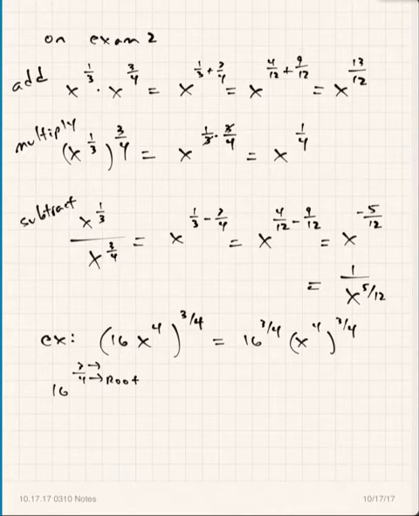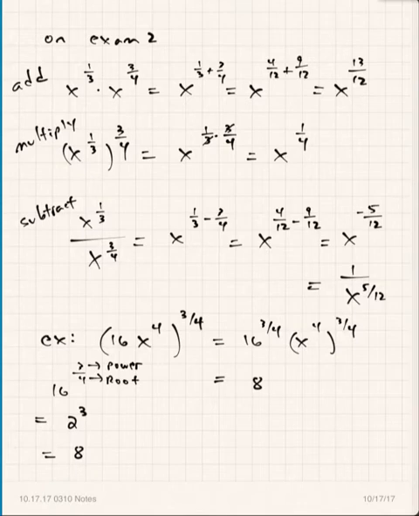Yeah, and then the power is 3. So the 4th root of 16 is 2. Right? And so that would be 2 to the 3rd power, and then 2 to the 3rd power is 8. And so this is going to be 8 right here. 16 to the 3/4 power is the same thing as 8.